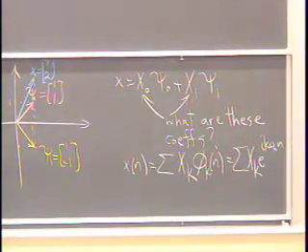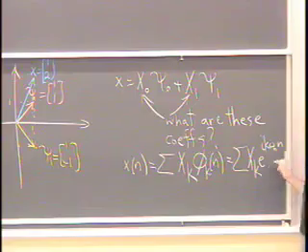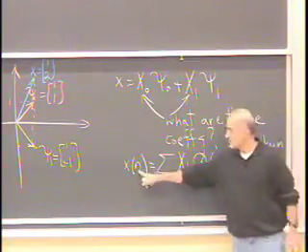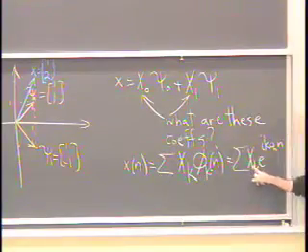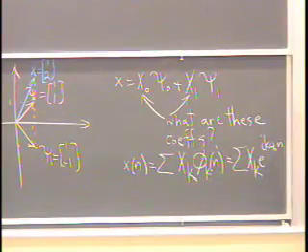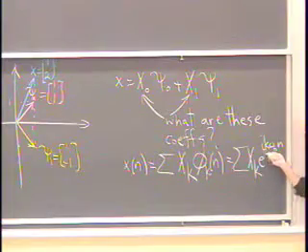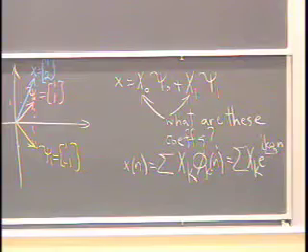This is a very powerful decomposition because it tells me I can take any periodic signal and write it as a linear combination of these complex exponentials. But they're not just any complex exponentials, and they're not just an arbitrary set. They're a set of complex exponentials whose frequencies are related to each other in a very specific way.